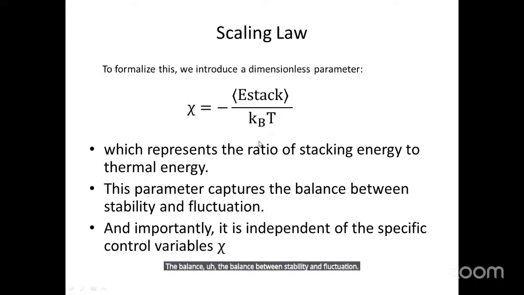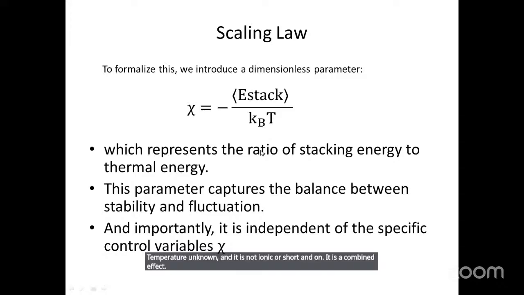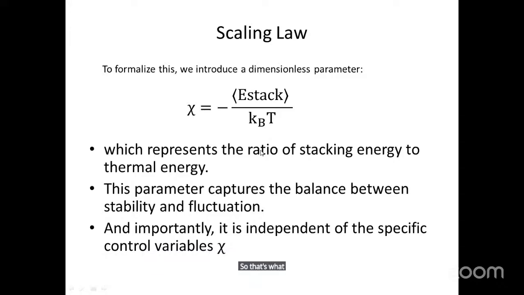And importantly, it is independent of the specific control variable. So it is not temperature alone, and it is not ionic or salt alone. It is a combined effect. So that's what this model is showing us.